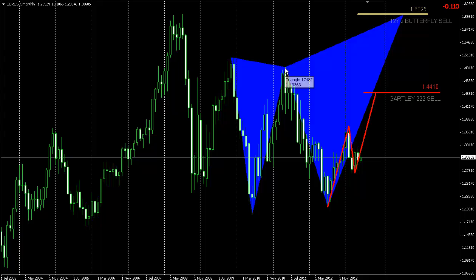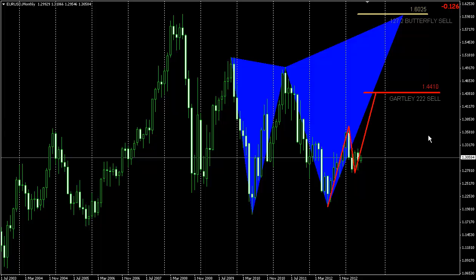This is the ABCD pattern, ABCD, after a strong downward move, and this 222 sell is exactly at the 78 fib resistance of this down move. So this is the first possibility. This will be a good looking one, a butterfly taking place right at the top of this important zone.